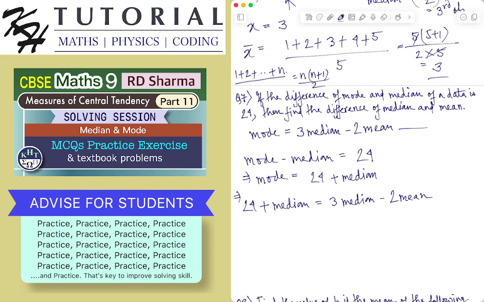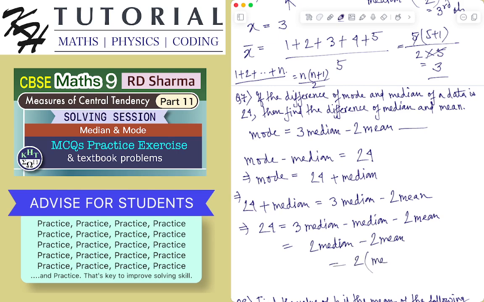So this implies 24 equals, if I bring the median to the right hand side, 3 times median minus median minus 2 times mean. Simplifying the right hand side further, it will be 2 times median minus 2 times mean. If I take 2 common, this is 2 times (median minus mean).